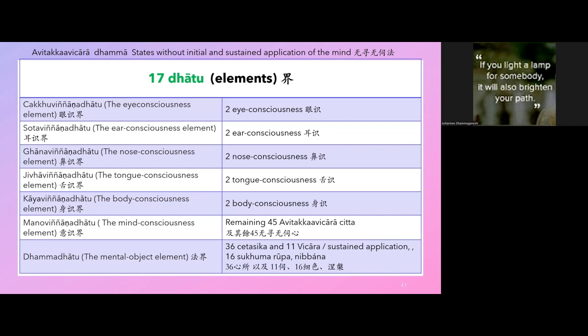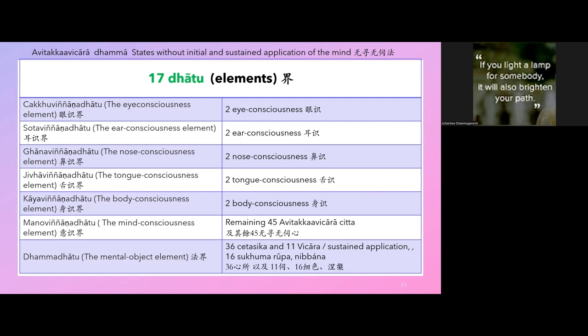On this slide, we have the remaining 7 dhātu classified. So here we get the 5 vijnana dhātu, the chakku, sota, gana, jibha, kaya. Under these 5, we get 10 consciousness classified here, the 2 eye, the 2 ear, the 2 nose, 2 tongue, and 2 body consciousness.